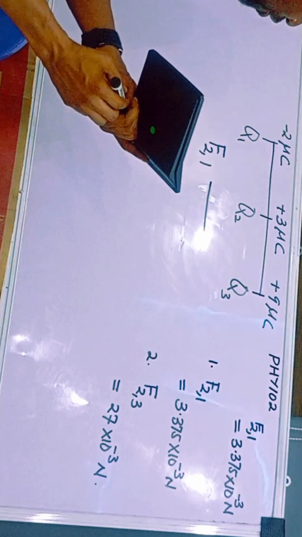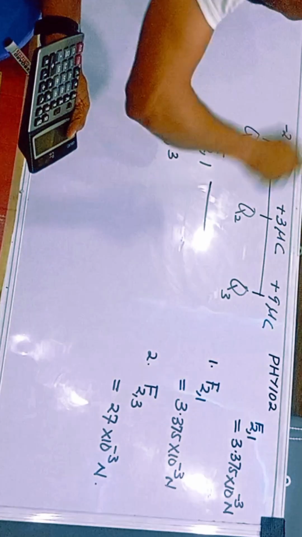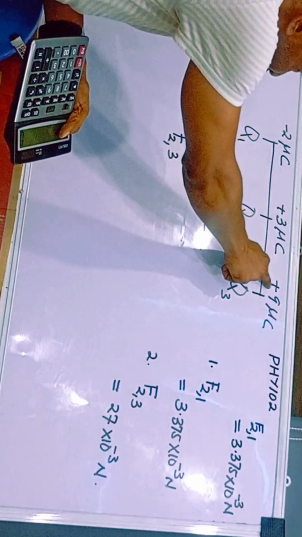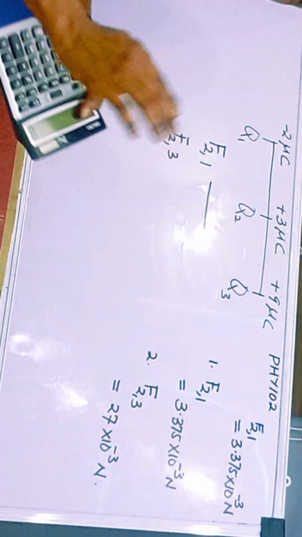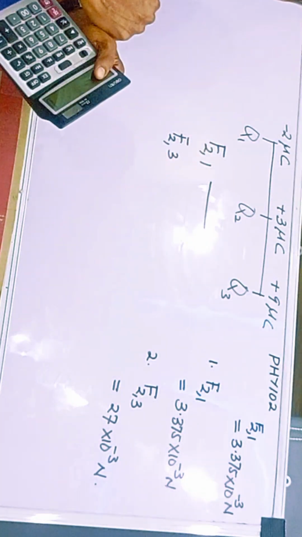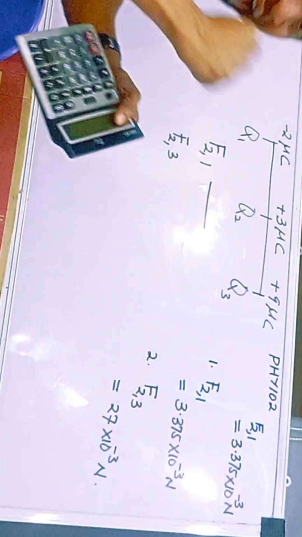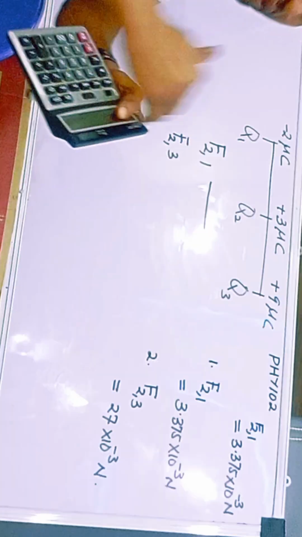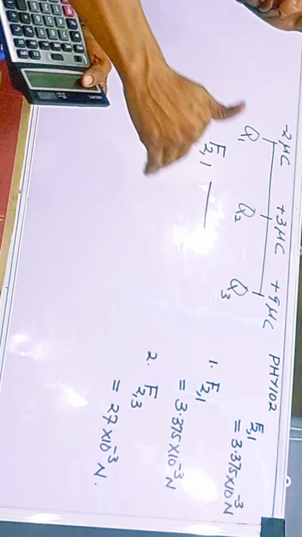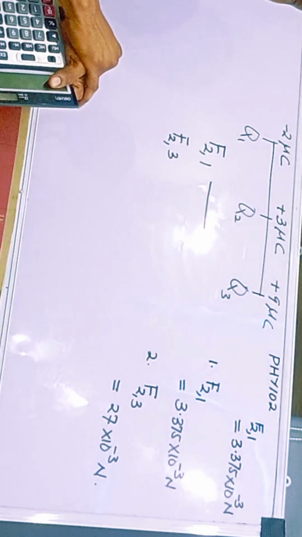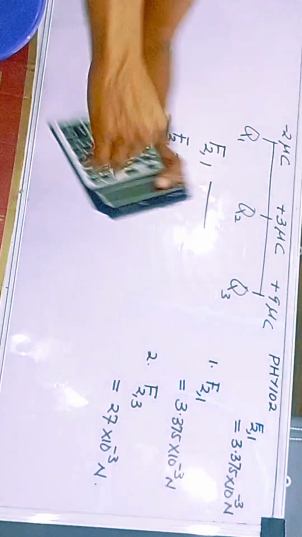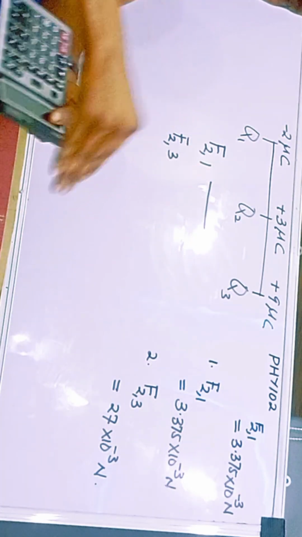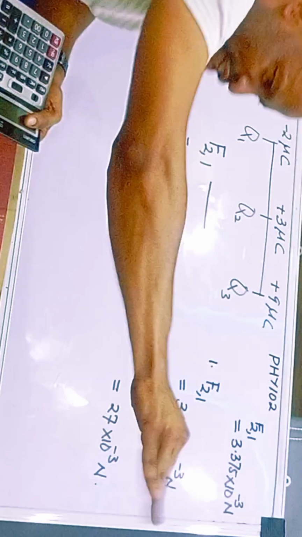Now the next thing will be, what should be the direction of force on 2 due to 3? Q2 and Q3. This is positive, this is also positive. So they are like charges, which means they are supposed to repel. Listen to this code: the force of repulsion is in the direction of the small charge. If you have one big charge and a small charge, and they push each other apart, the big one pushes the small one in the direction of the small one.